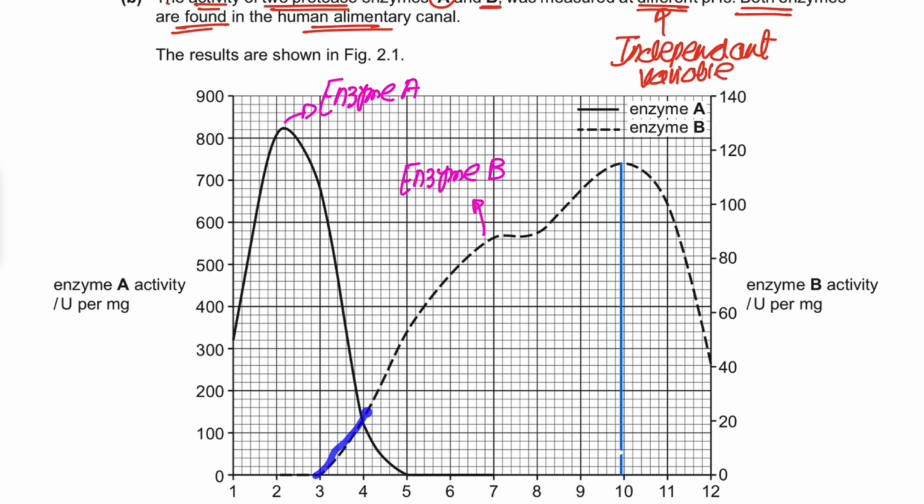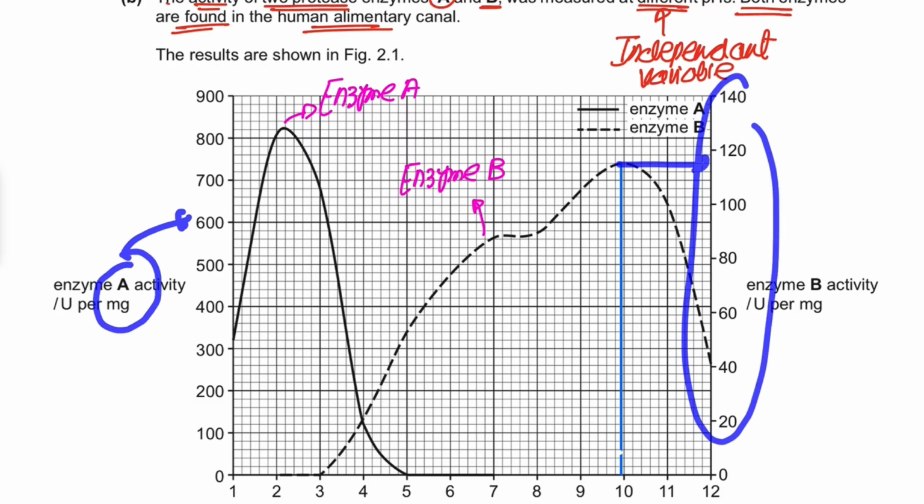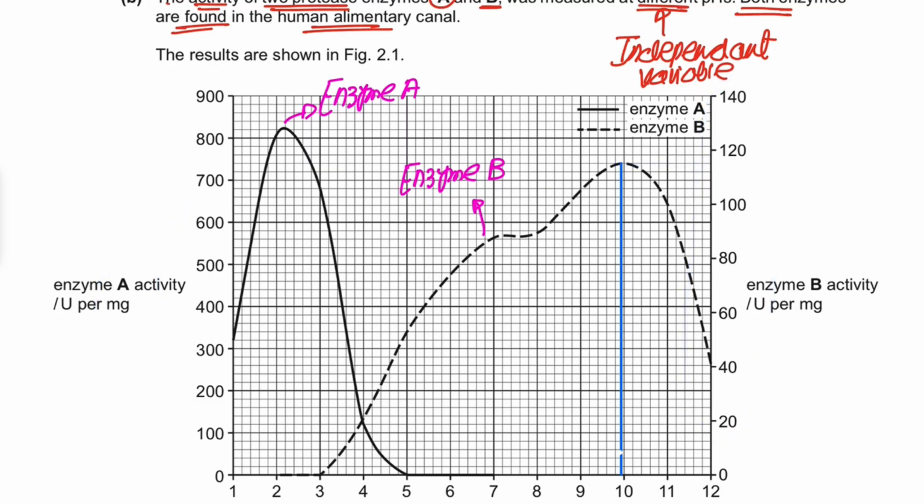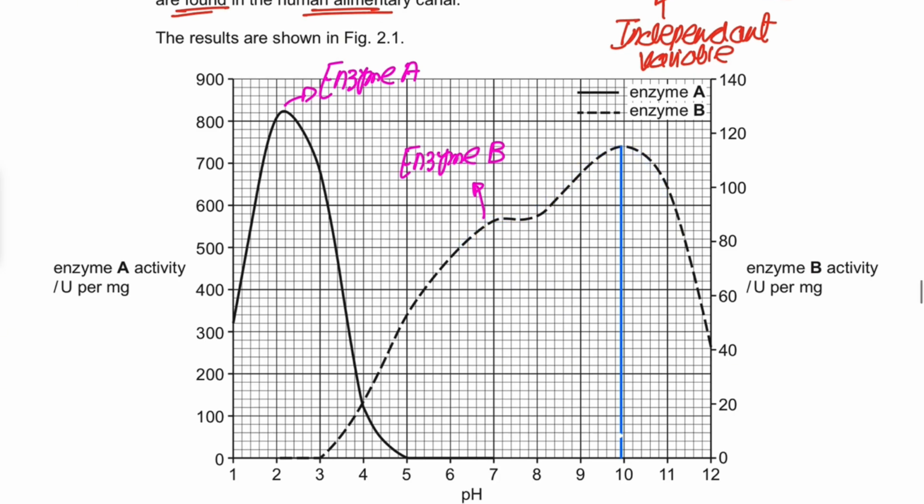Now, enzyme B, indicated with the dotted line, reaches its optimum activity at the pH of 10, and you have to take the readings of the B enzyme from here, and the A enzyme activity you have to take the values from here. Since this enzyme works optimally in the alkaline pH, I can assume that enzyme B is actually the trypsin that works in the alkaline pH in the small intestine.